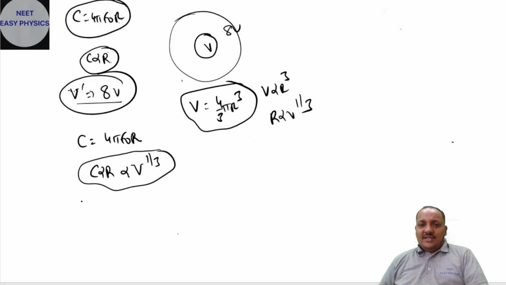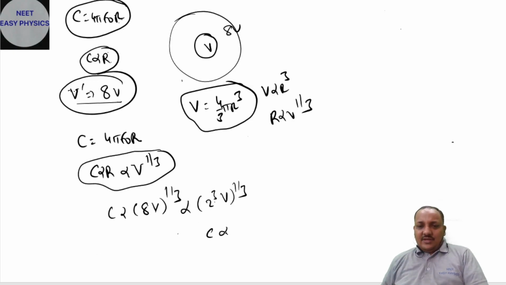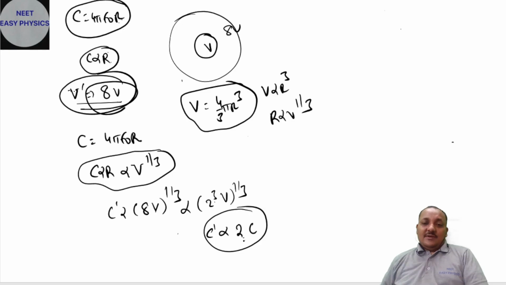So volume increases 8 times means 8V whole power 1 by 3. 2 cube whole power 1 by 3 is 2. So capacitance is directly proportional to 2, or C dash is directly proportional to 2. Means if volume increases 8 times, capacitance increases 2 times.